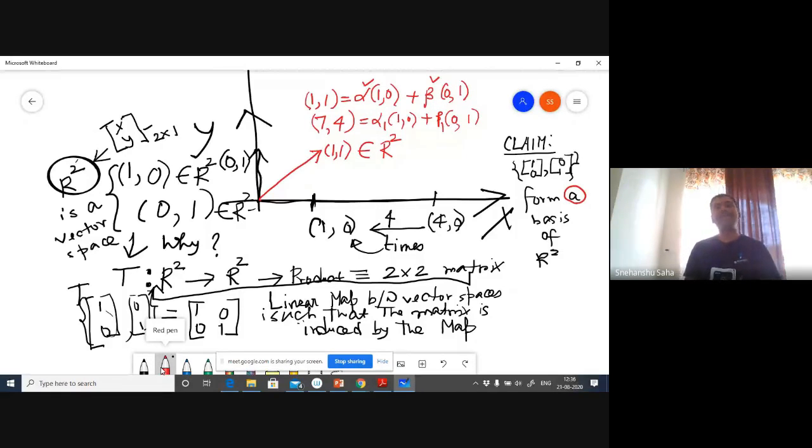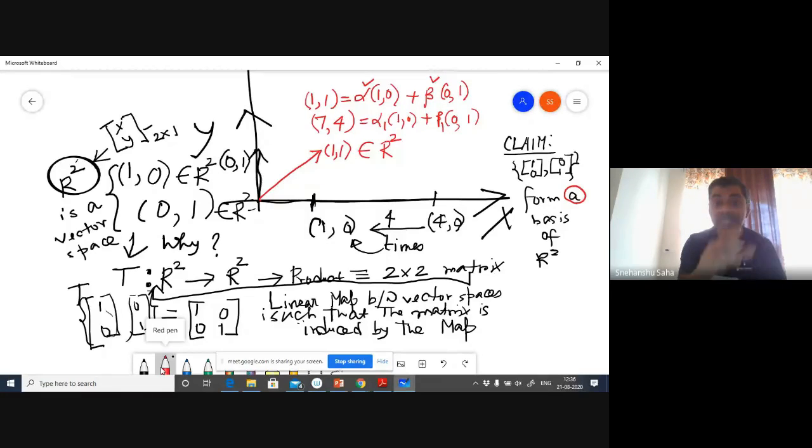So what am I trying to say? If 1, 0 and 0, 1 form a basis of R2, then any vector representation in the same vector space R2 could be accomplished by using a linear combination of these two.